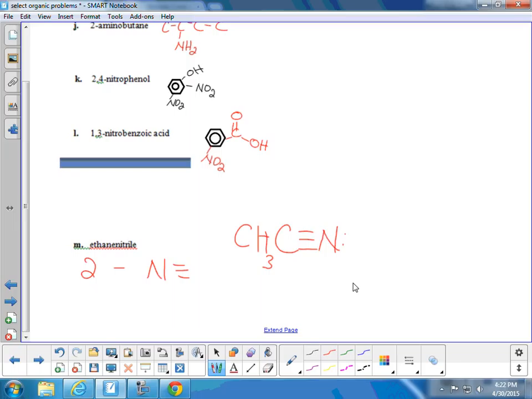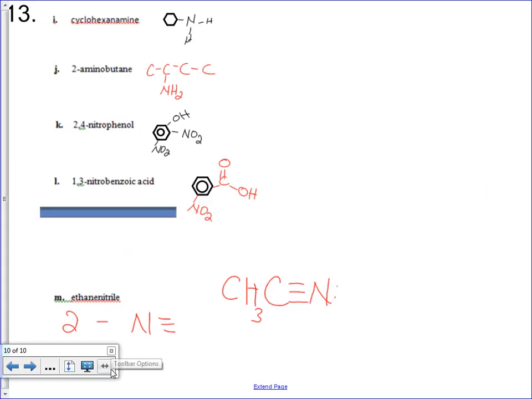All right, so I think we're good on 13. 14, you're drawing structural isomers. So C6H14, you can draw any structures you want as long as they have 6 carbon and 14 hydrogen. So you might draw a chain of 6 and then add 14 hydrogen.